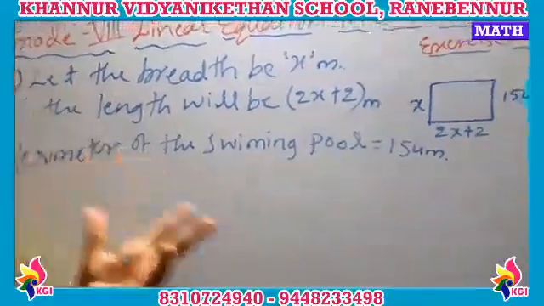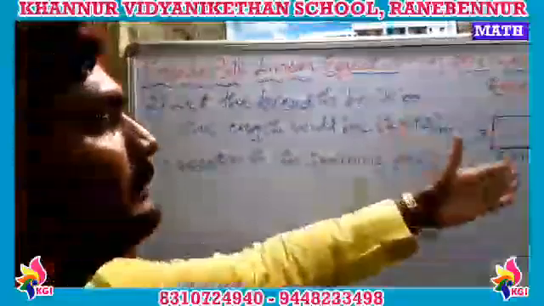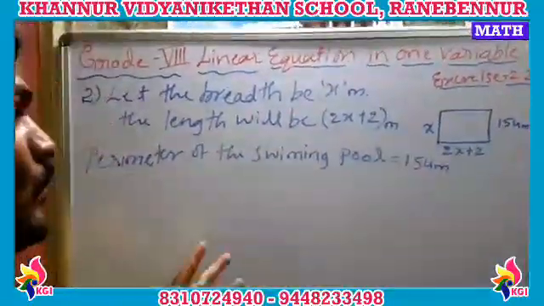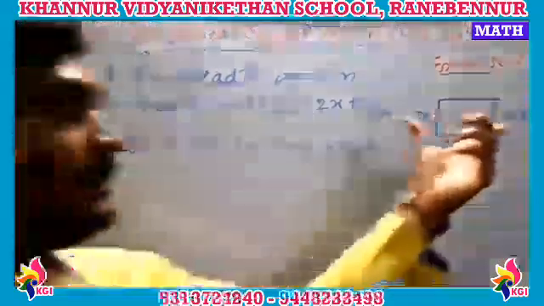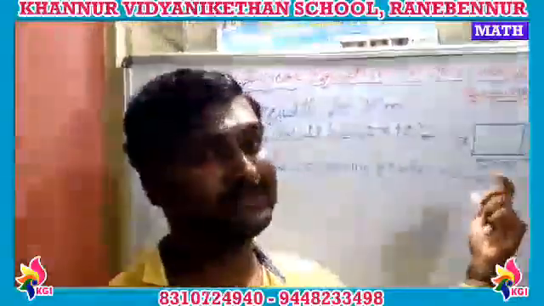So according to this, now we have to find out the length and breadth. What are we supposed to do? We need to go for some calculations, right? We know that the perimeter is given, and length and breadth are also there.